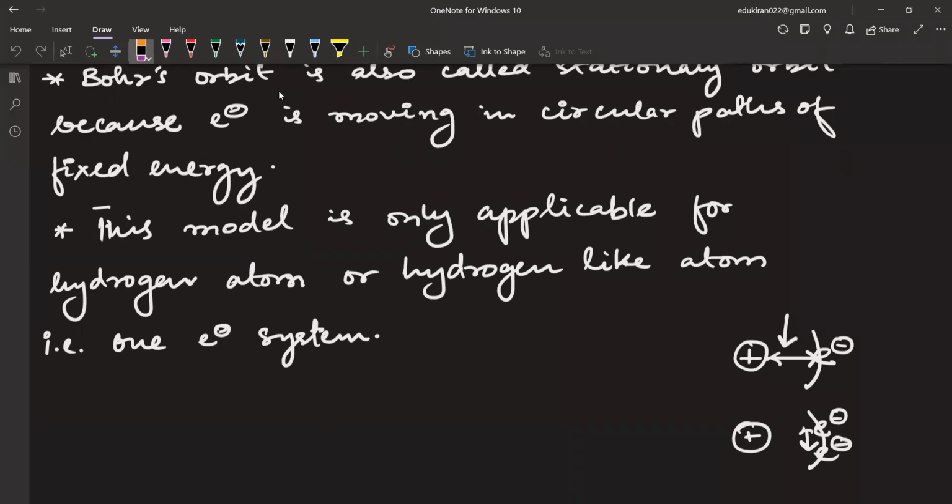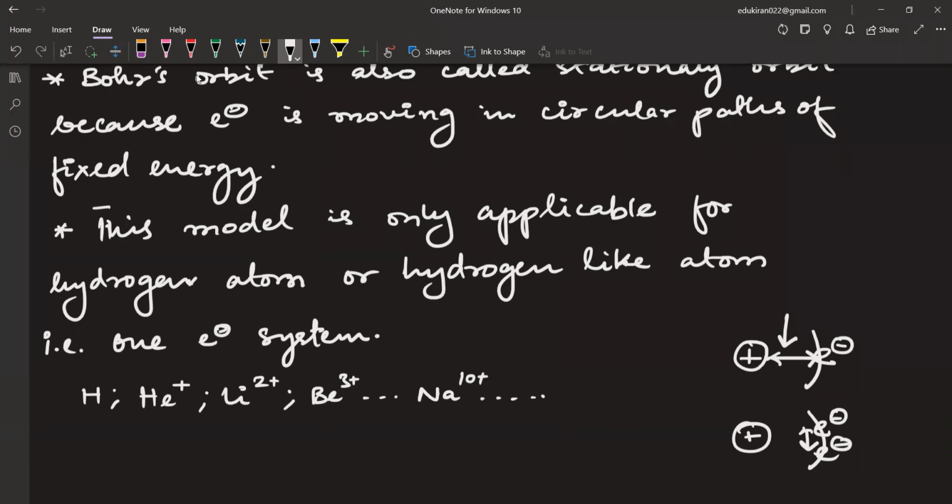The atoms which can contain one electron are hydrogen. Then you can also have helium positive, lithium 2 positive, beryllium 3 positive, and so on, you can go on till sodium 10 positive and further also.